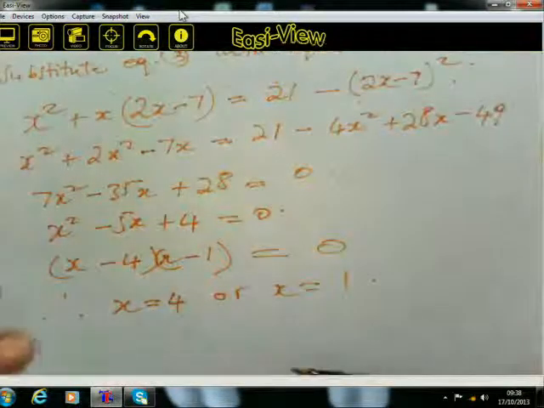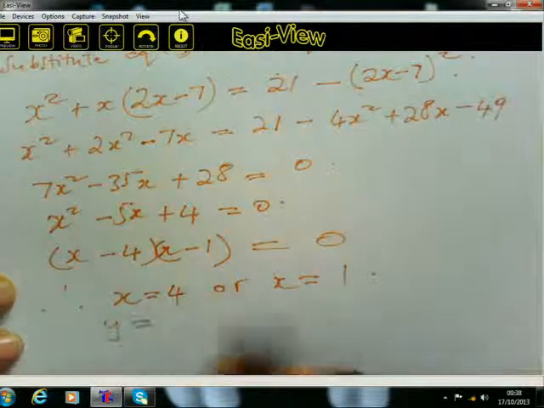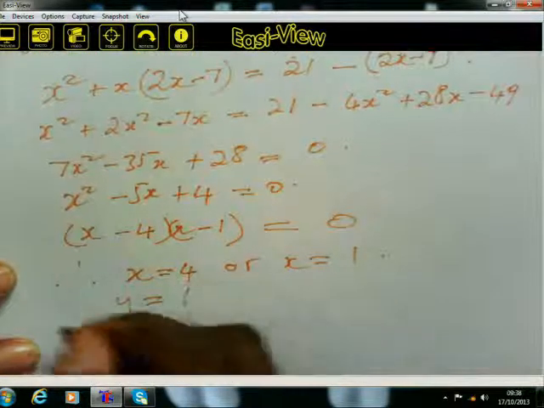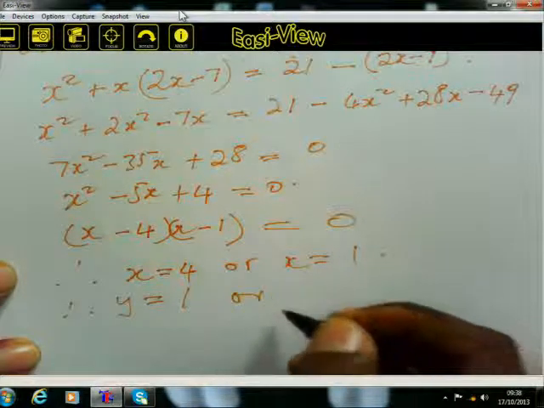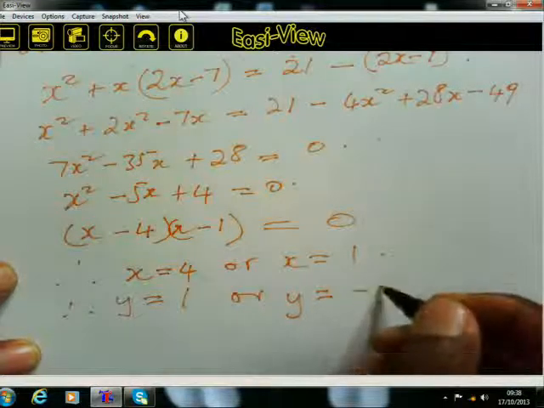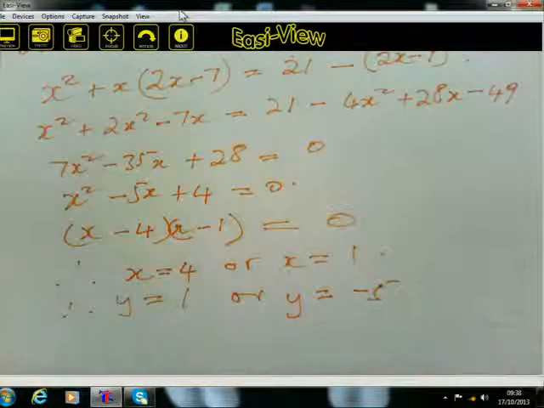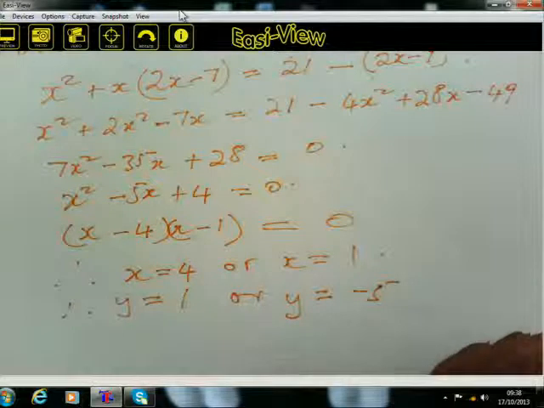Now substituting that, what are we going to get? We are going to get y to be equal to 1 or y to be equal to negative 5. Right?